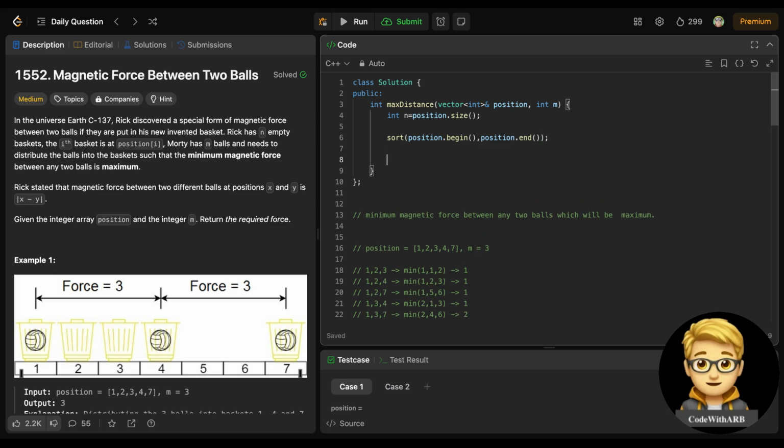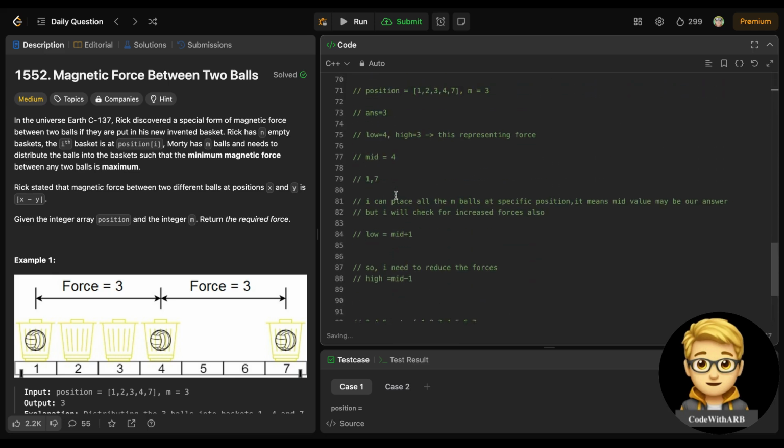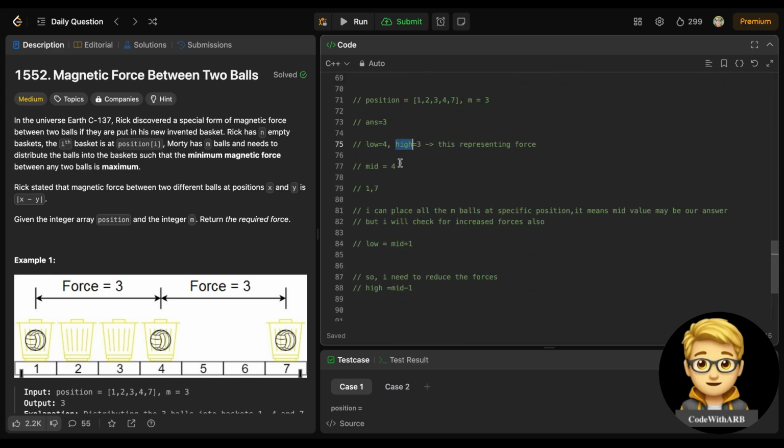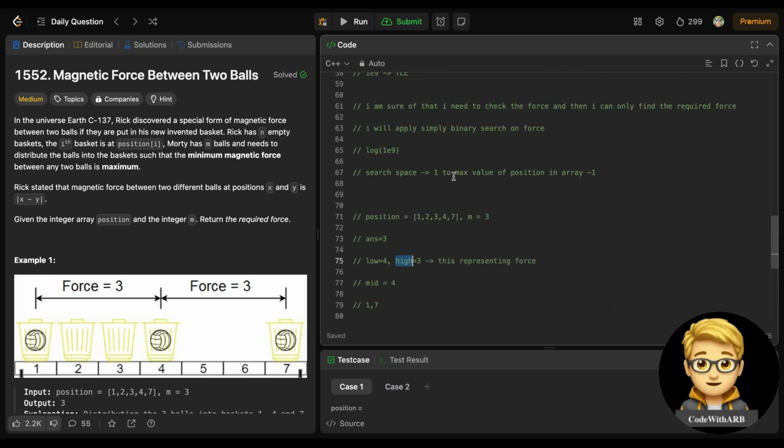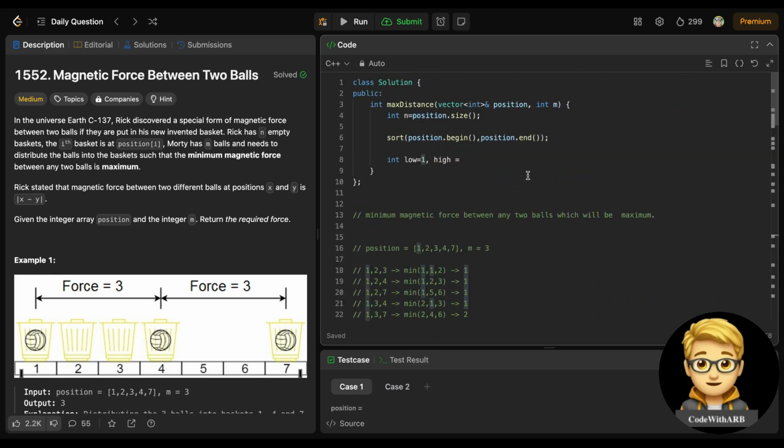And then what is the range? What are the low values? Low can be 1, and what would be the high value? That would be the max value. The search space will be max position value minus 1. So the max value would be this last position, minus 1.